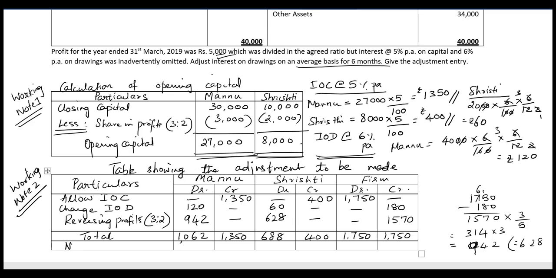The next step is to ascertain the net effect. Net effect for Manu is credit of 288 rupees. And for Shrishti, it's 288 rupees debit.